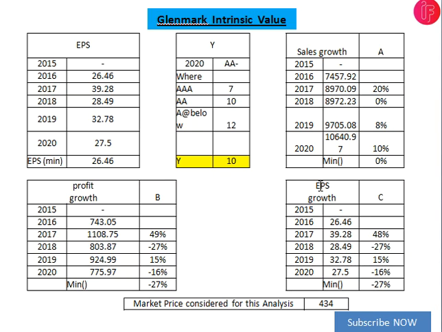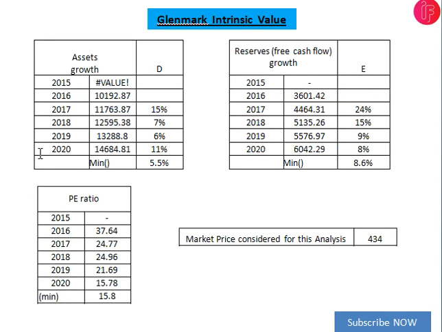Next is EPS growth. The EPS growth I have taken for the last 5 years. From that you can see in 1 year the EPS growth is minus 27% year over year. Hence, I have considered that minimum value in our calculation. The remaining two growth, what you need to see is the asset growth as well as the reserves. The asset growth compared to the last 5 years, there is no negative growth.